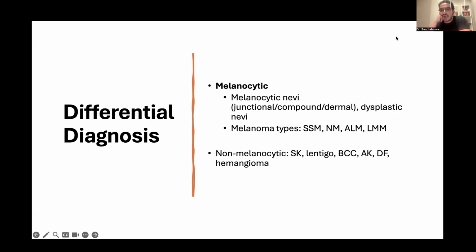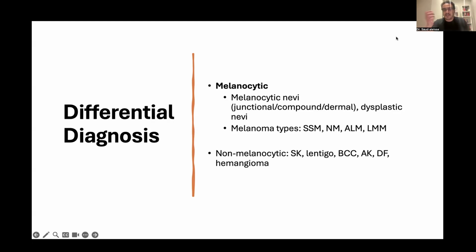So they'll tell you it's mild, moderate, and severe. So the way we do it, mild, we kind of ignore. Mild to moderate, we follow up. So we'll tell the patient to come in a year, and then we'll take another look at it. Severe dysplasia, we usually excise. So we excise it as if it was melanoma in situ.